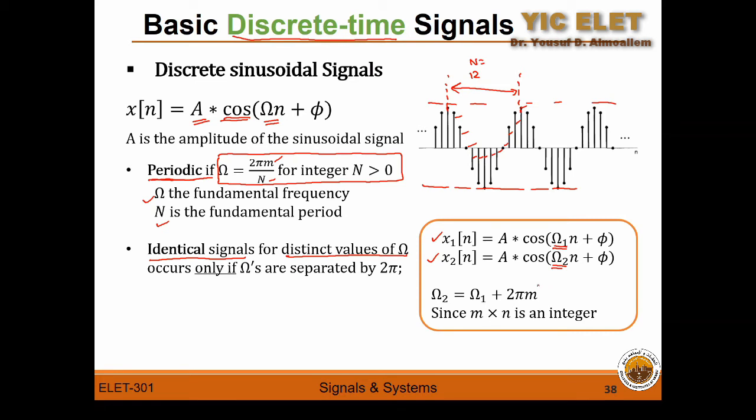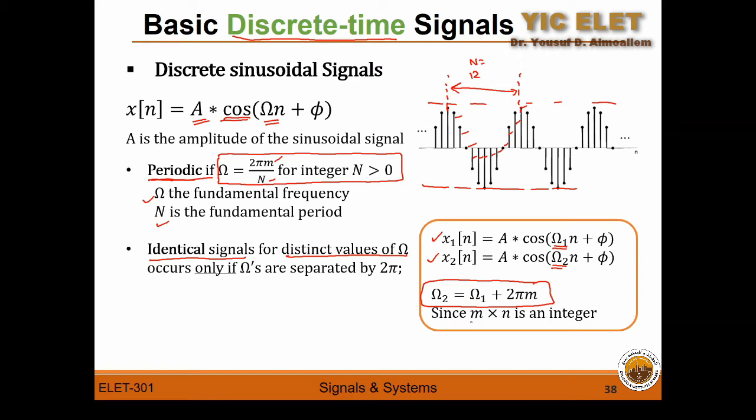If we were able to choose these omegas in such a way that omega 2 is equal to omega 1 plus an integer multiplied by 2 pi, then these would again be identical signals.